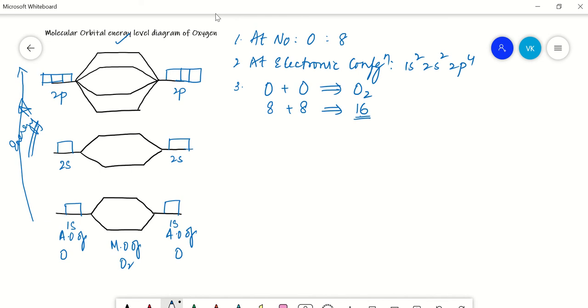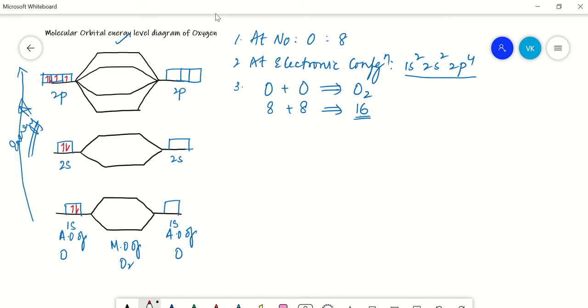Now we'll start filling up the electrons. 1s2, 2s2, 2p4 of one oxygen atom we are going to fill up here, like 1s2, 2 electrons are filled up here, 2s2, 2 electrons, 2p4, 1, 2, 3 and then 4.